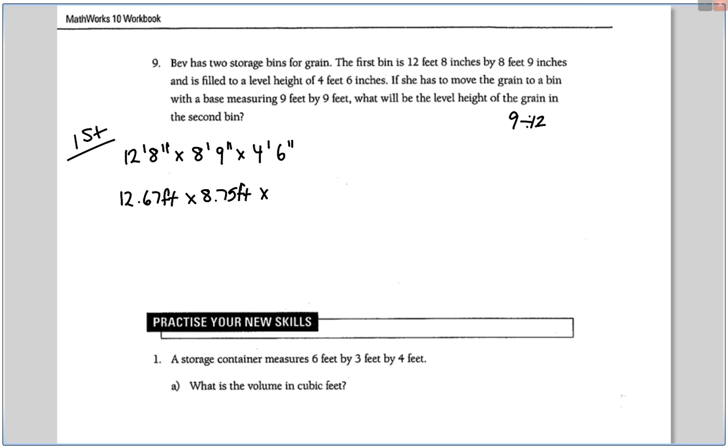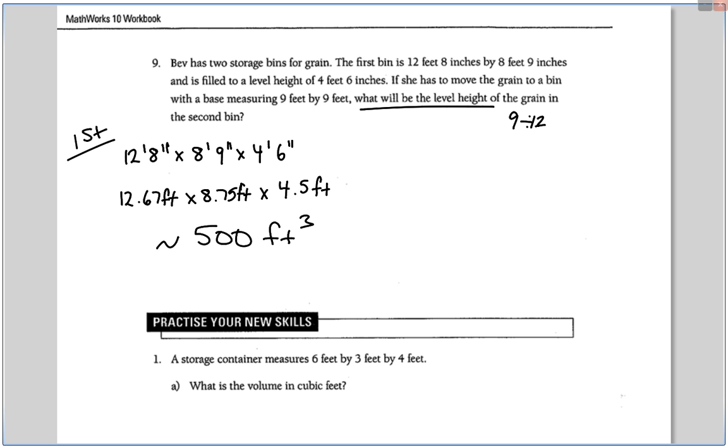And 4 foot 6 inches, we did that one already. That's 4.5 feet. 6 inches is half a foot. Multiply all those together. I got like 499. I'm just going to round up to 500 cubic feet approximately.